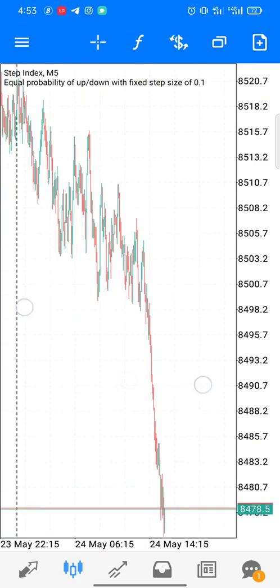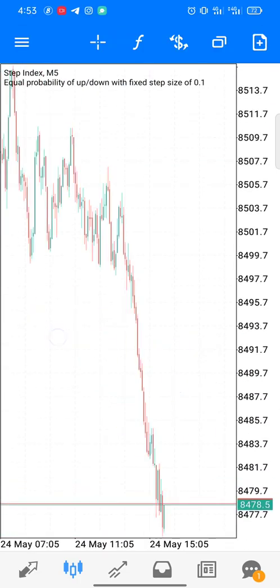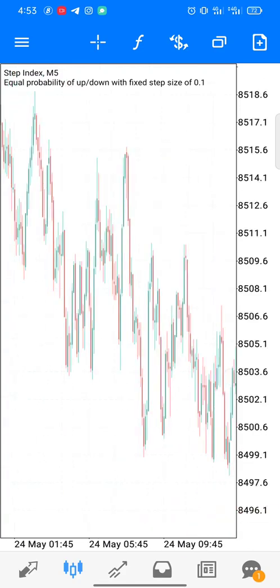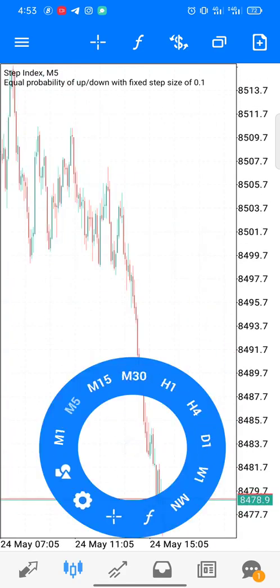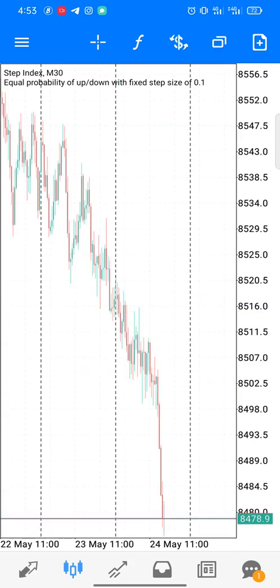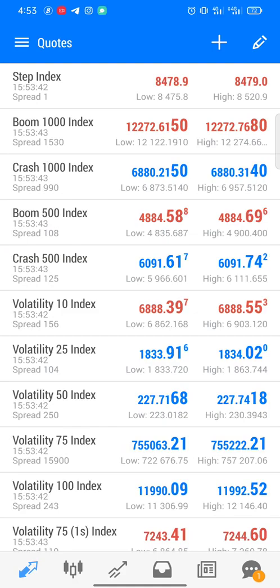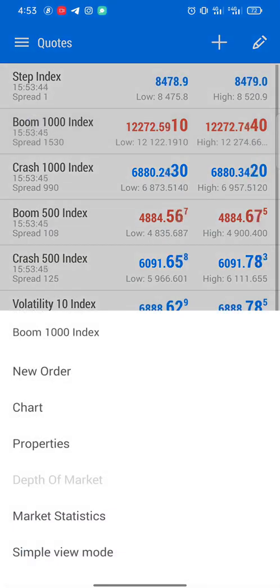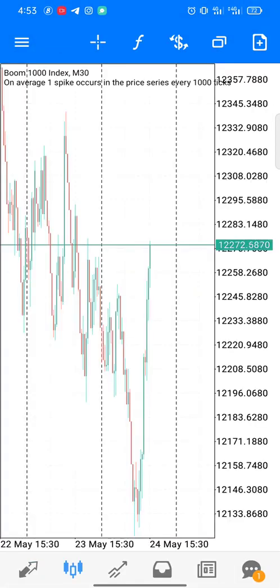So I'll check from the 15-minute time frame to see if there's anything I can actually do with step index, but it's not showing me anything now, because there is no point where the market is reacting. It is just at the all-time low. So I'm just going to go away from step index for now before I take something that I'm not supposed to take. I'll leave step index, then I'll check out boom.